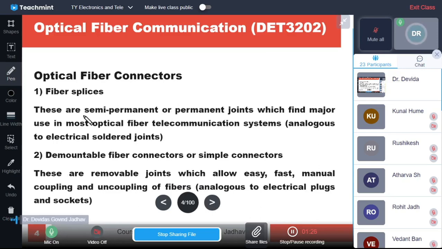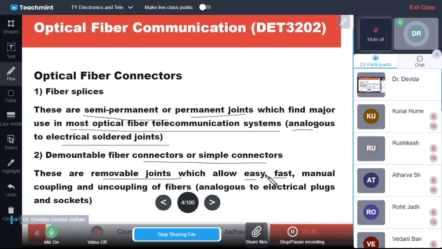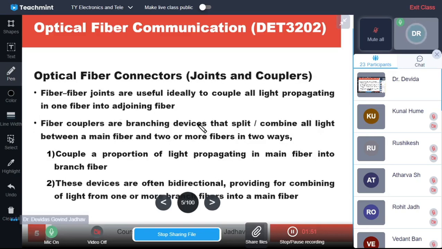Splices are semi-permanent or permanent joints in most optical fiber telecommunication systems, which is analogous to soldering in electrical. Demountable fiber connectors, or simple connectors, are removable joints, which allow easy, fast, manual coupling and uncoupling, analogous to plugs and sockets in electrical.